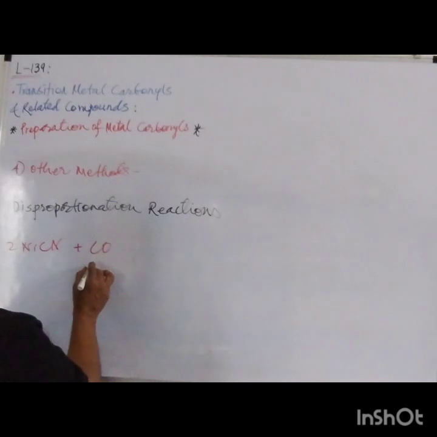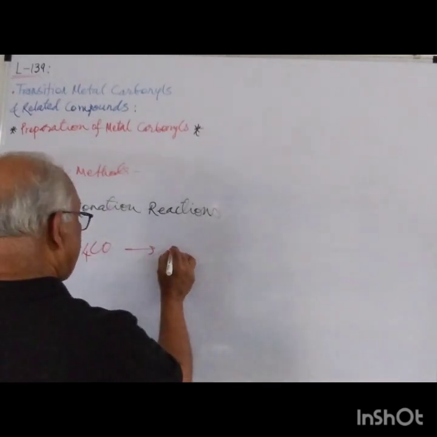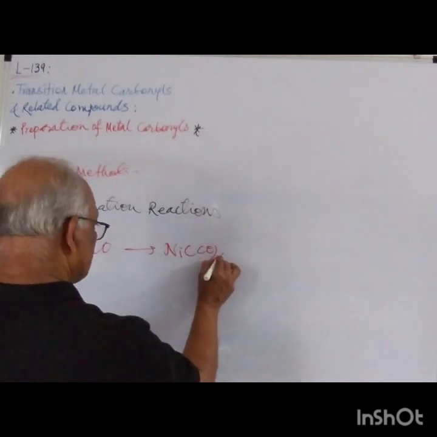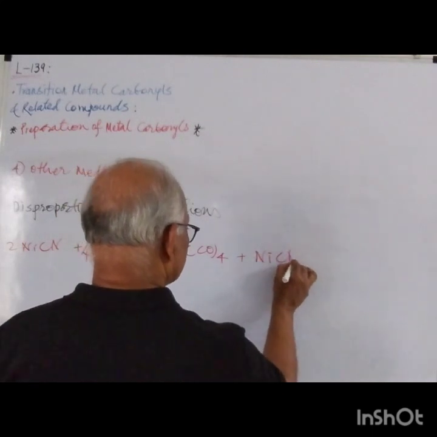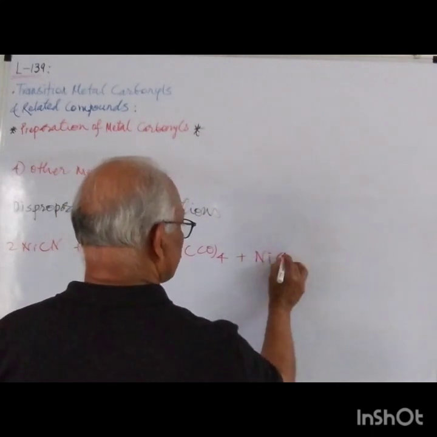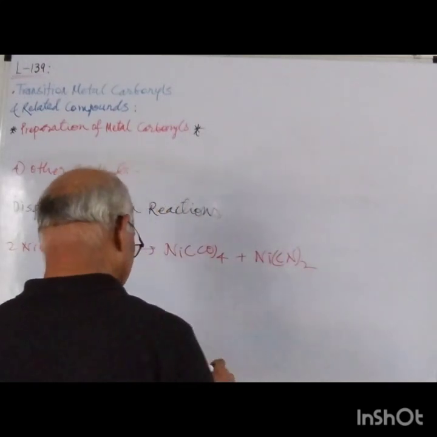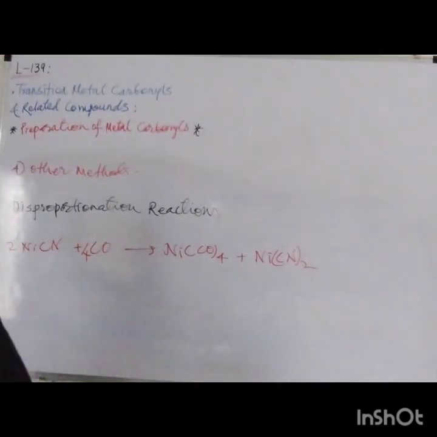For example, twice NiCN plus 4 carbon monoxide gives Ni(CO)4 plus Ni(CN)2. Here you will see this NiCN is in the +1 oxidation state.